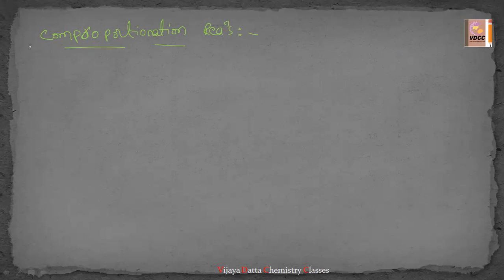See here, in the comproportionation reactions, what is the definition we can say? In these reactions, two species of the same element with two different oxidation states form a single product.